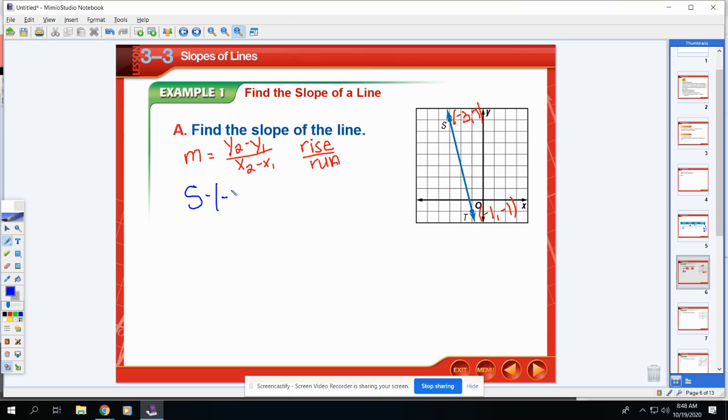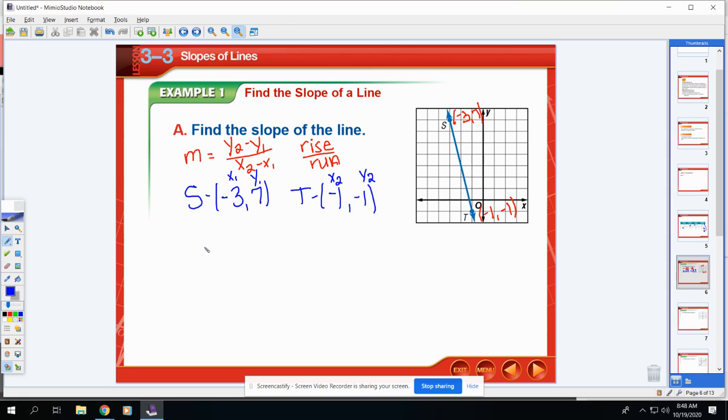So s we said was -3, 7, and t we said was -1, -1. I'm going to go ahead and label our points. That's a big thing that we want to do. Just like we did with distance and midpoint, we're going to label these x1, y1, and x2, y2. This is going to help us keep track for our formula here.